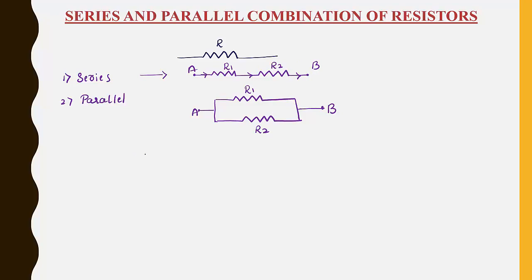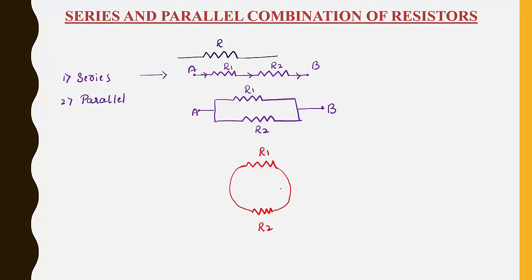Here I am going to consider two resistors. You can observe here. Now see here, if I connect two resistors like this, this is R1. Let us consider one more resistor here. This is R2. R1 and R2 are connected like this. If I ask you whether they are connected in series or parallel, then what is the answer?